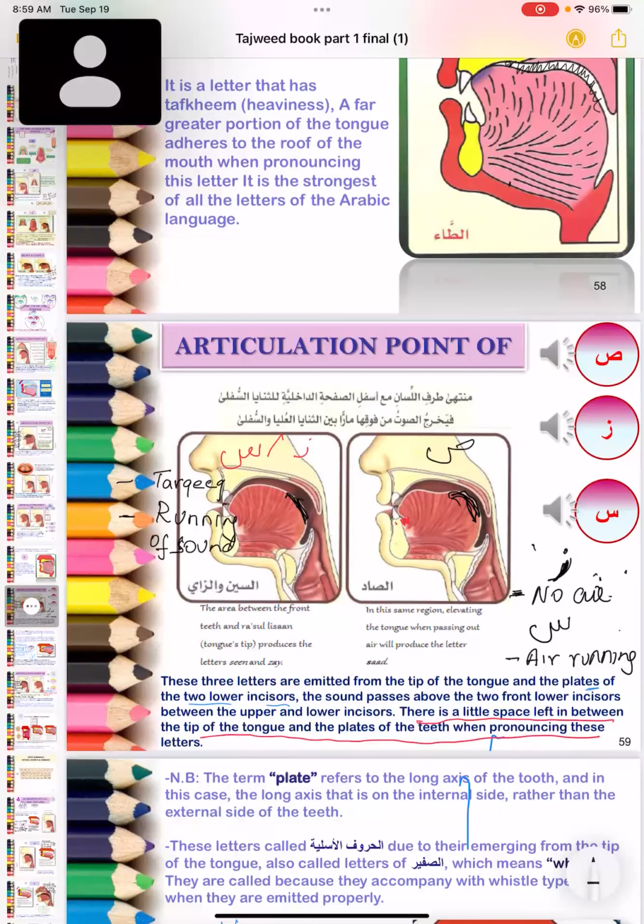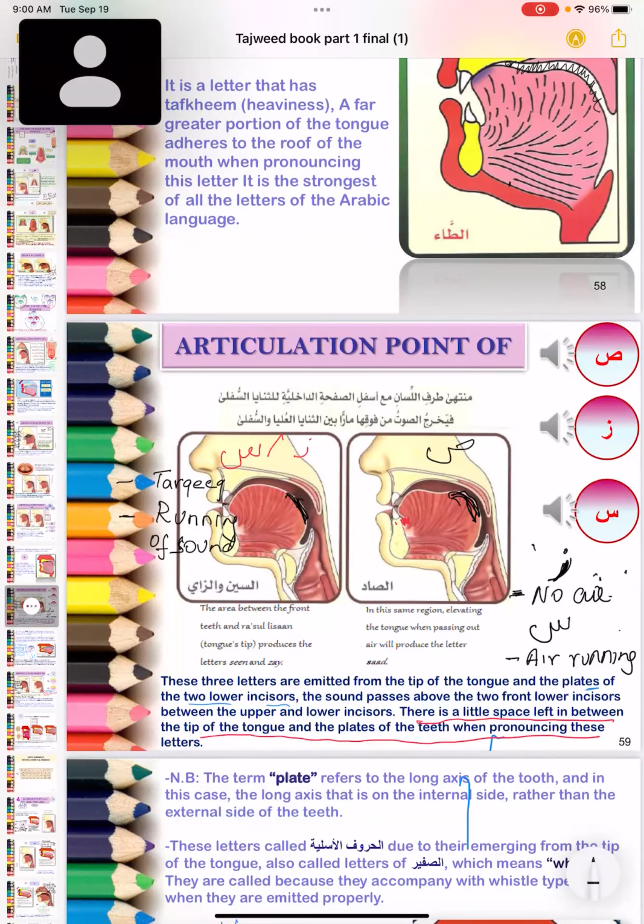The letters Sod and Sin also have running of air, while letter Zai has no running of air. The letters Zai and Sin are letters where the back of the tongue is lowered, so they are called letters of istifal or tarqiq. But Sod, the back of the tongue is raised all the way up to the roof of the mouth, which makes it a heavy letter or a tafkhim letter, or it's also called isti'ala letter.